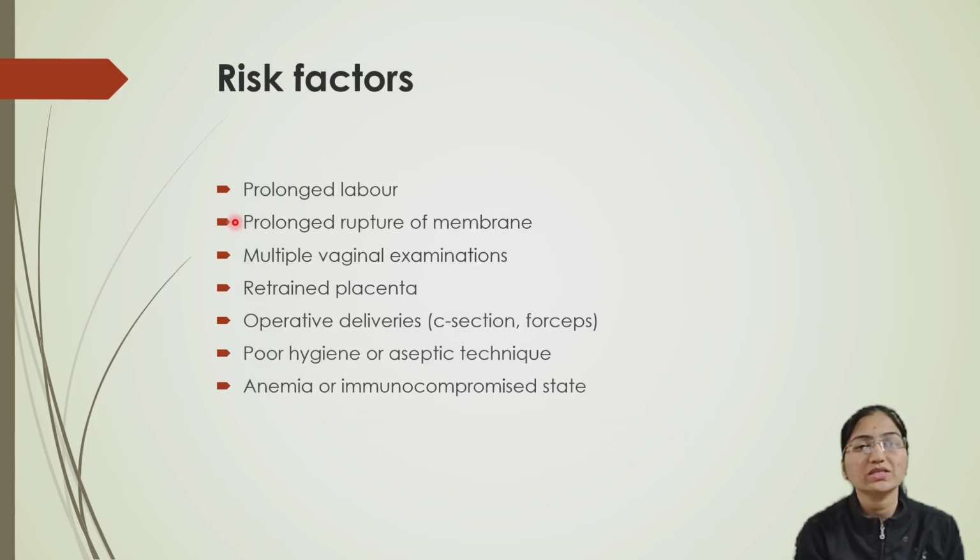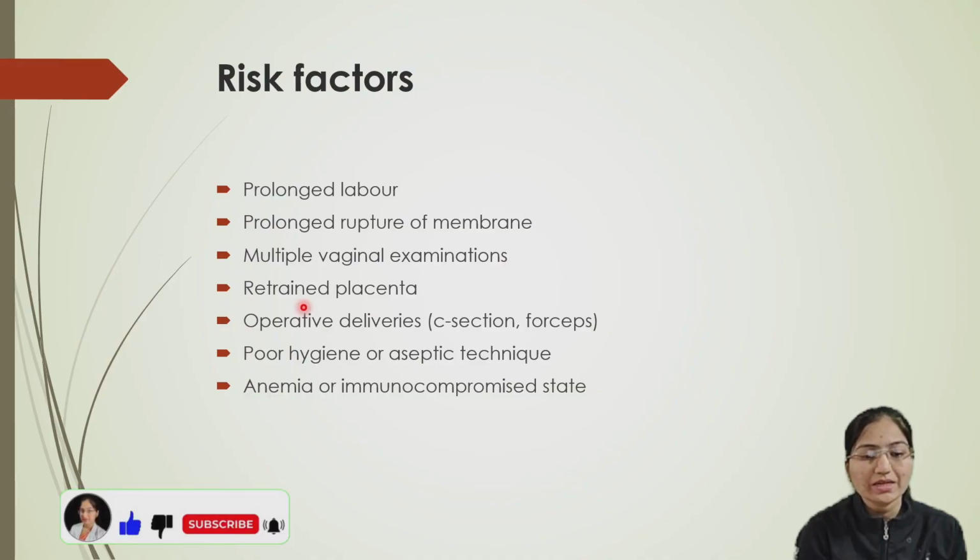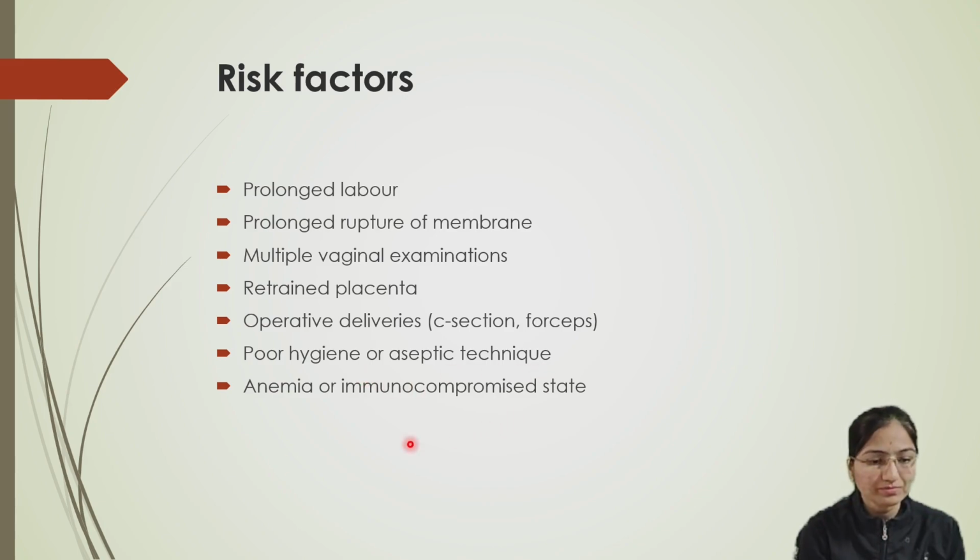We'll see the risk factors now. Prolonged labor, that is more than expected, prolonged rupture of membranes, multiple vaginal examinations, and retained placenta, where some part of the placenta remains. Next, operative deliveries, that is C-section or forceps delivery, and poor hygiene or aseptic technique.